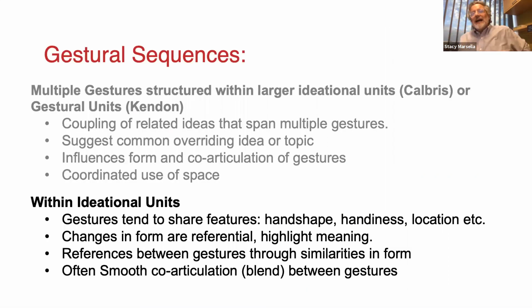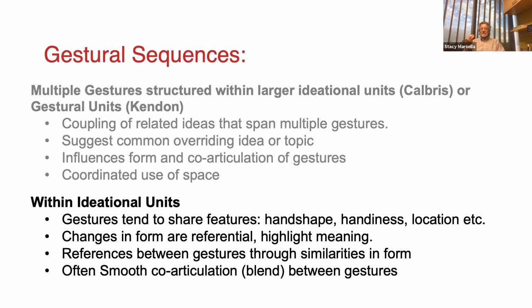Now, within ideational units, within these constructions, she never dropped out of gesture space. Her hands did not go down because these things were all connected. And so what Calbris argues is that within an ideational unit, gestures tend to share certain features, like they may share hand shape, handedness, location.